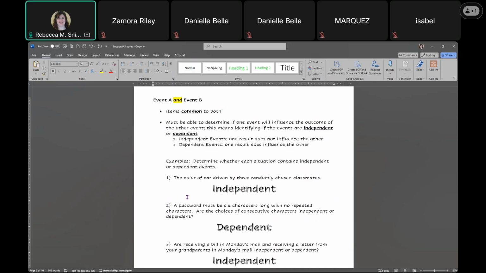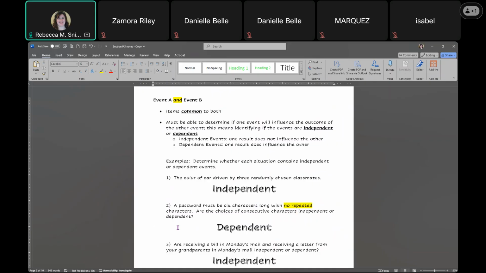Dependence, again, means there is an influence there. So if you think about the second question here, that a password is 6 characters long with no repeated characters, are the choices of consecutive characters independent or dependent? Because of this phrase right here, that there are no repeated characters, these events are dependent, because whatever choice I make for my first character is going to directly influence the choice that I can make for my second character.